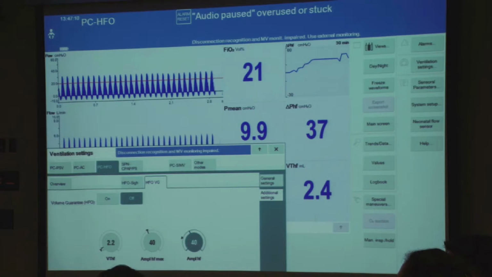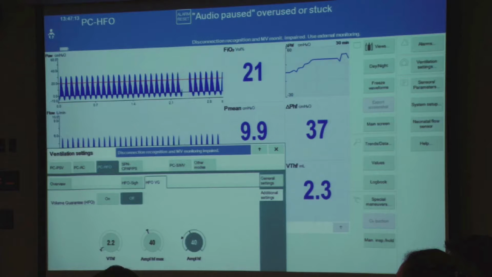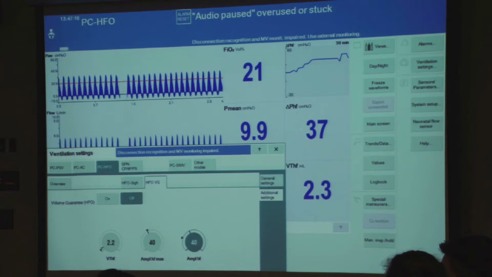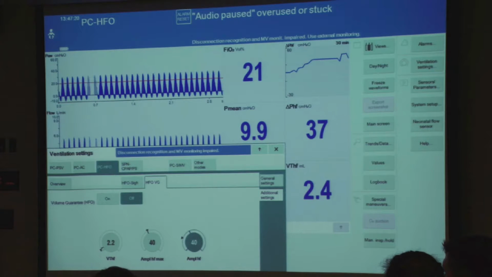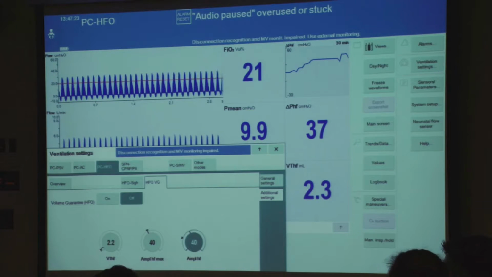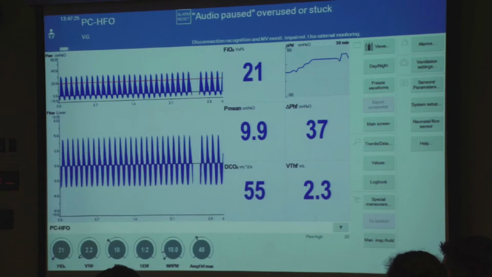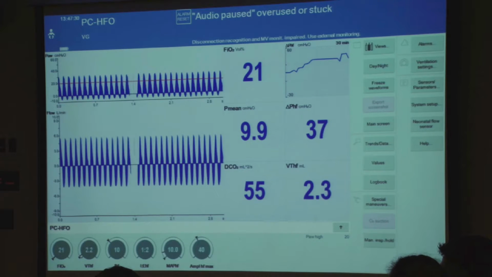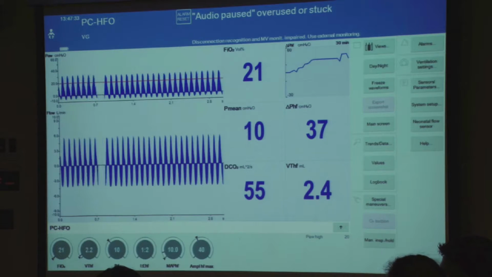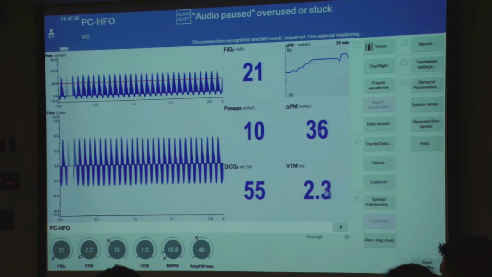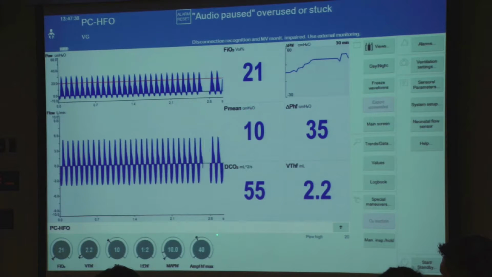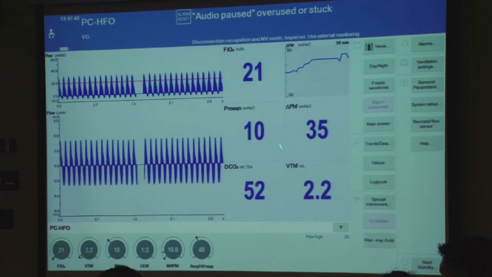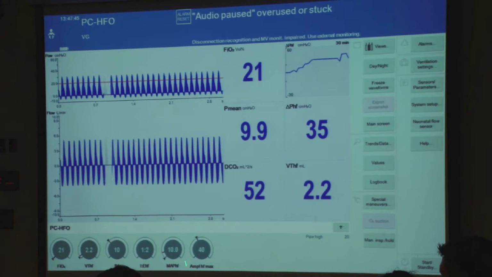So now you lose control over amplitude, and VG appears.